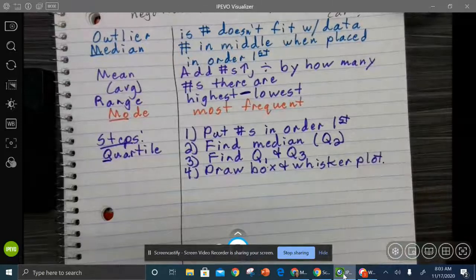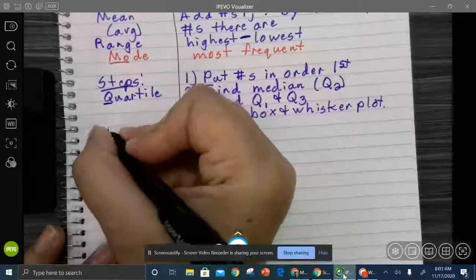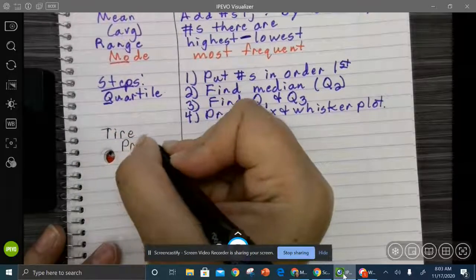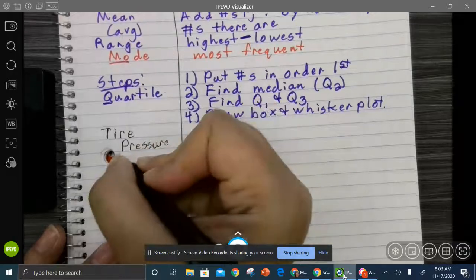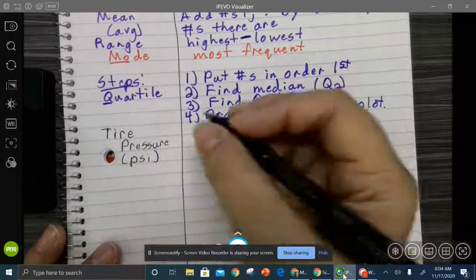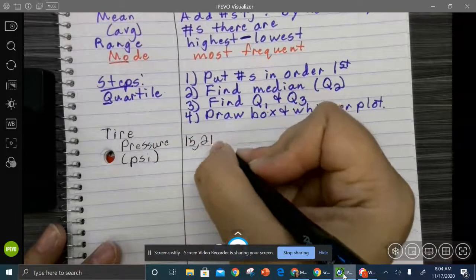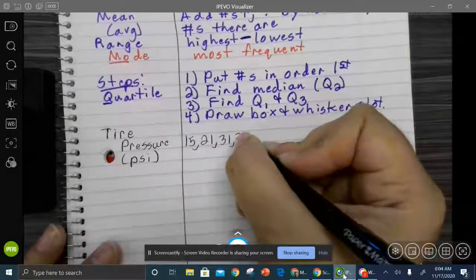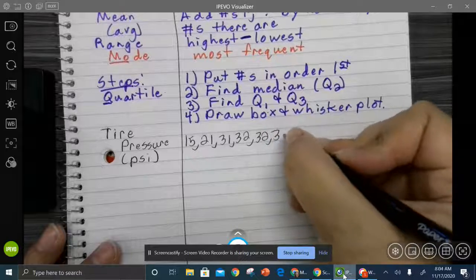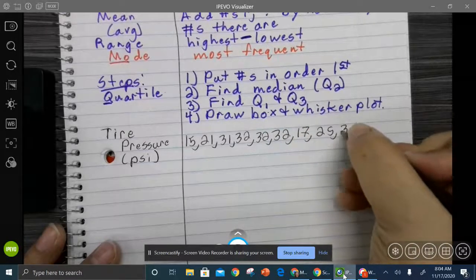Okay, so let's look at some data. We have this data on tire pressure, which I think stands for PSI. Let's say we have 15, 21, 31, 32, 32, 32, 17, 25, and 34.